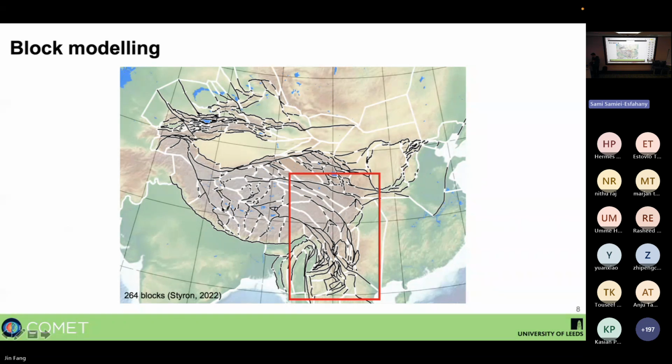For example, here are the block boundaries defined by Richard, and the white lines show places where no mapped faults exist. One of the limitations of block modeling is that all strain must occur along block boundaries, and each block must be fully enclosed by faults, even if some faults may not actually exist.